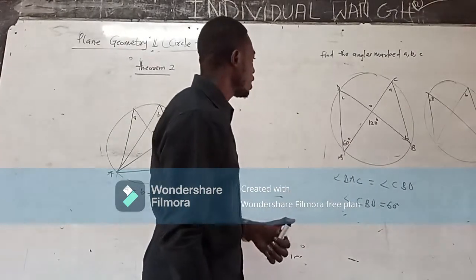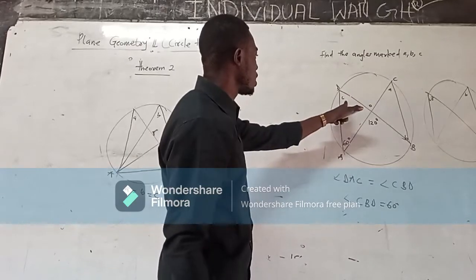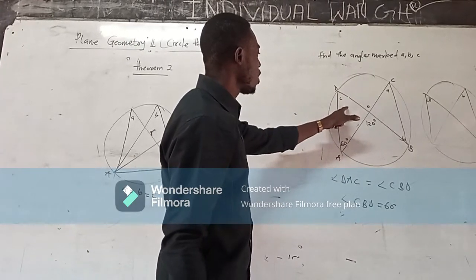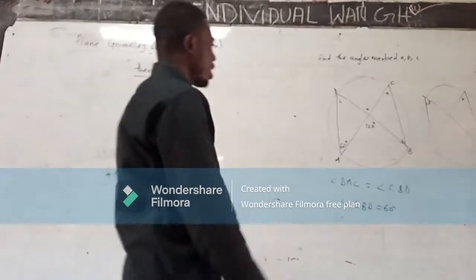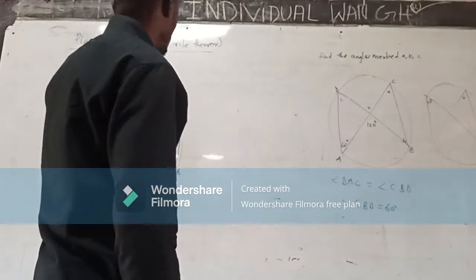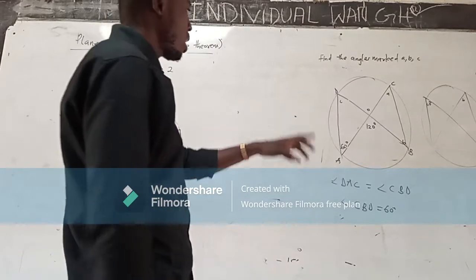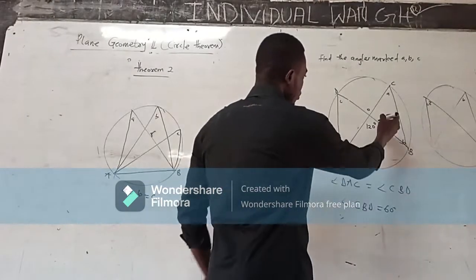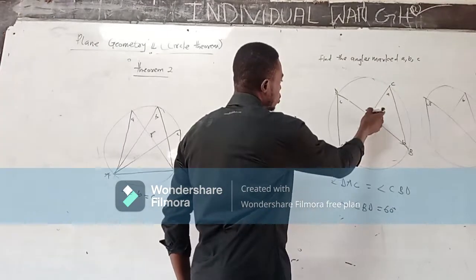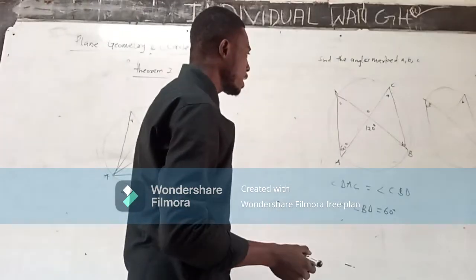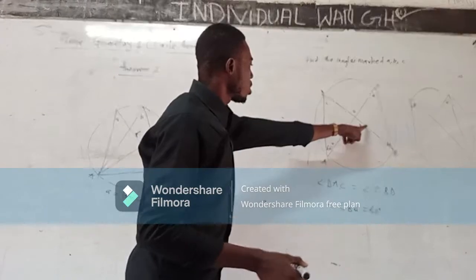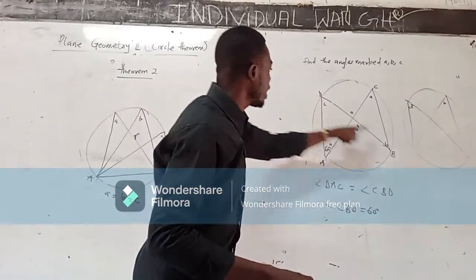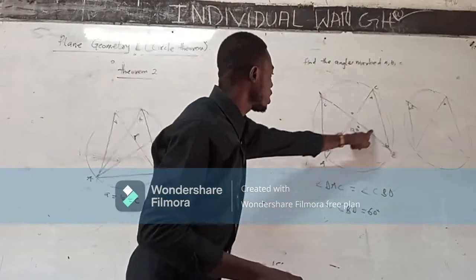Now we are able to find here. How can we find the C? Once this one is provided, we know from our first plane geometry that angles on a straight line sum up to what? 180. So at the point O, on the line AD, we get 180.